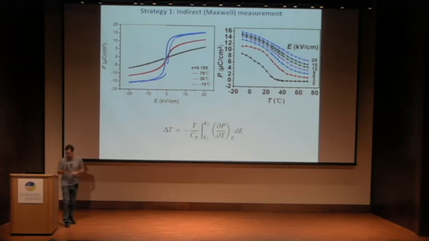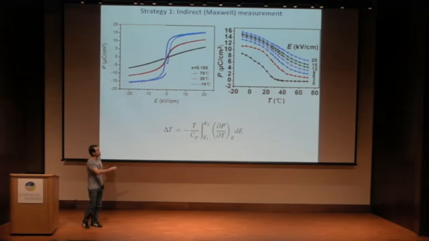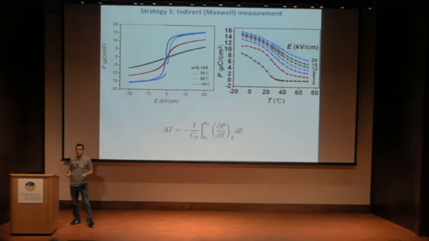Then we did the measurement, just some details about the measurement. So in most cases, people are measuring this delta T by indirect measurements based on Maxwell equations. And the idea is to measure the polarization as a function of the electric field. We have these nice hysteresis loops at different temperature. Then you extract the polarization, and you plot the polarization as a function of temperature for each electric field that you are applying.